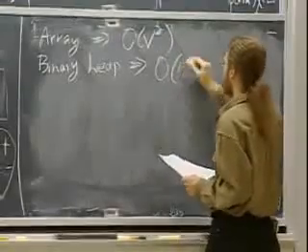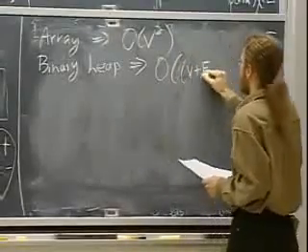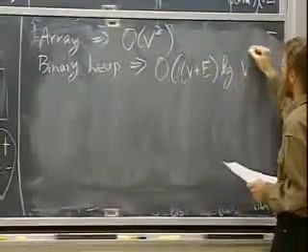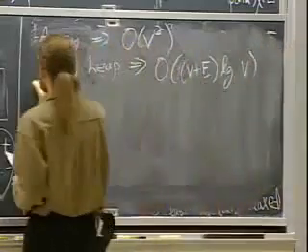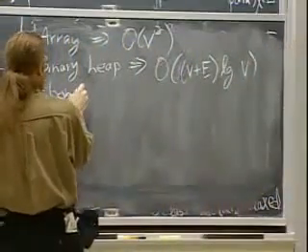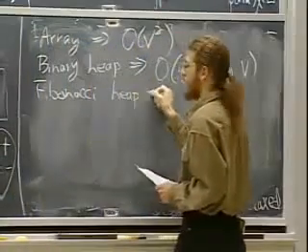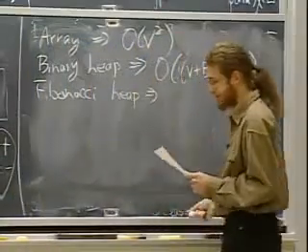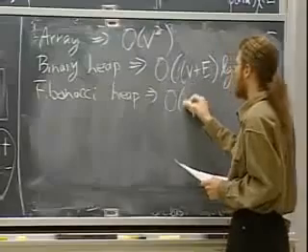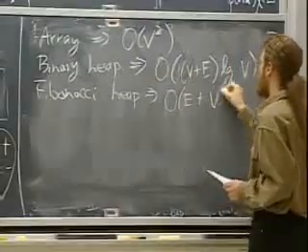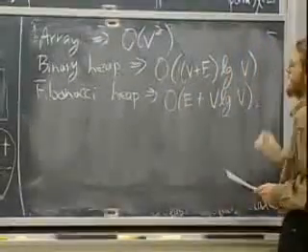And so this is (V plus E) log V. And so that's what we know how to do. And if you use this fancy data structure called a Fibonacci heap, you get constant time decrease key amortized, and you get an E plus V log V worst case bound on the running time.